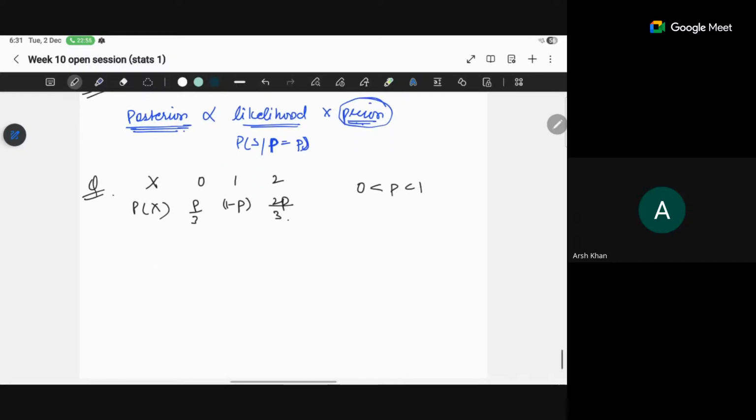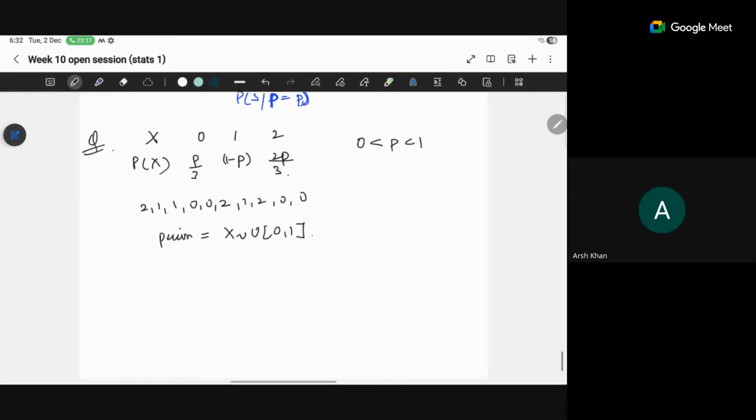The other thing given is the samples, which are 2, 1, 1, 0, 0, 2, 1, 2, 0, 0. And the prior given is that P follows a uniform distribution on 0, 1.